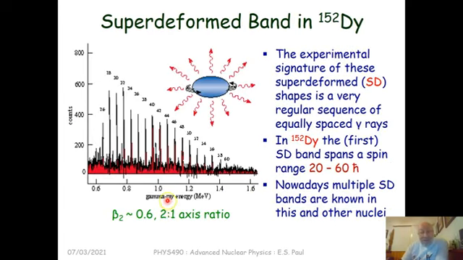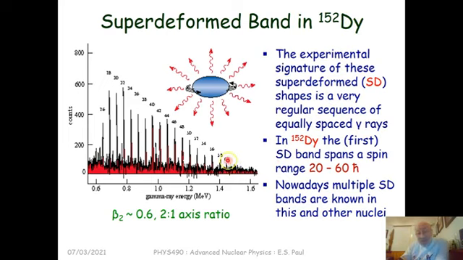I think I've shown this previously. So one of the first cases of a super deformed shape was in dysprosium 152. This was work done, I think, in the mid-80s, Daresbury. That's sort of midway between Liverpool and Manchester.